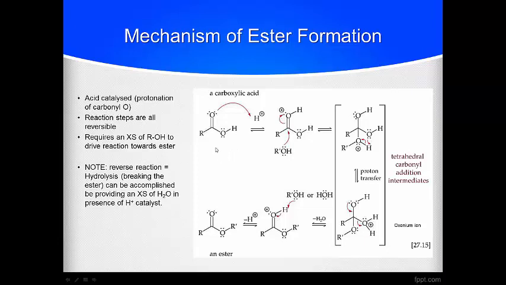Okay, so starting with our carboxylic acid, we need to activate our carboxylic acid so it's able to accept the alcohol. This is done by the addition of a proton onto the non-protonated oxygen, so our carbonyl oxygen. Once this is protonated, we then get the positive charge.